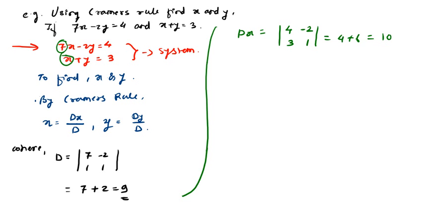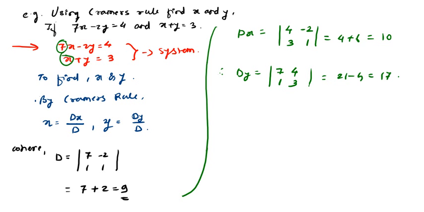So Dx is equal to 10. Also we can find Dy. In this Dy, instead of the coefficients of y, we will write d1 and d2, which are 4 and 3, and the coefficients of x, 7 and 1, will be as they are. So this will be 21 minus 4, which is equal to 17.